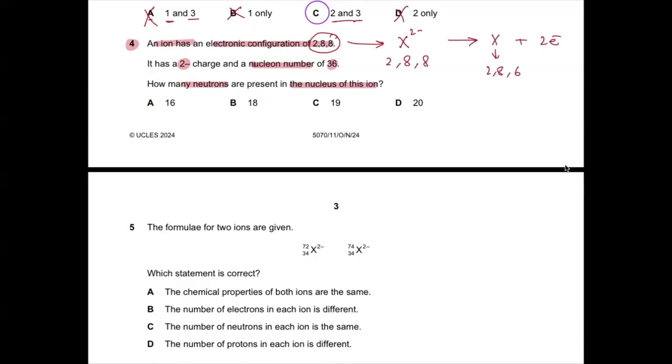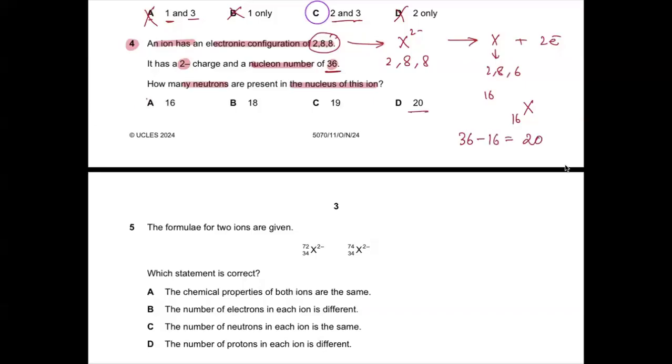Okay. So if it's 2, 8, 6, on adding these you will get X is 16, right? And nucleon number is 36. So 36 minus 16, isn't it 20?